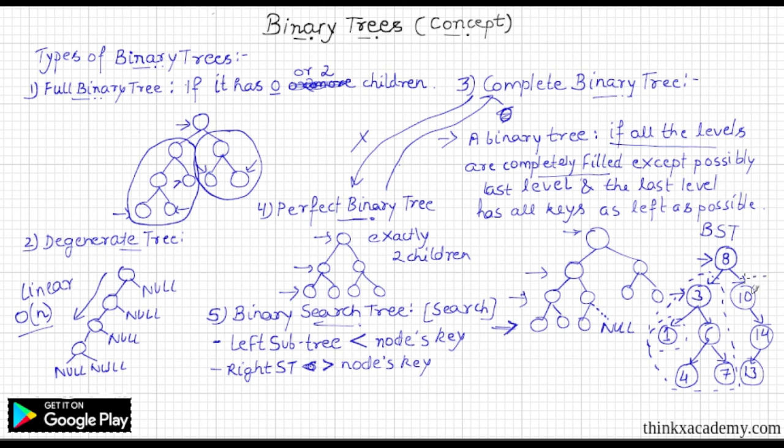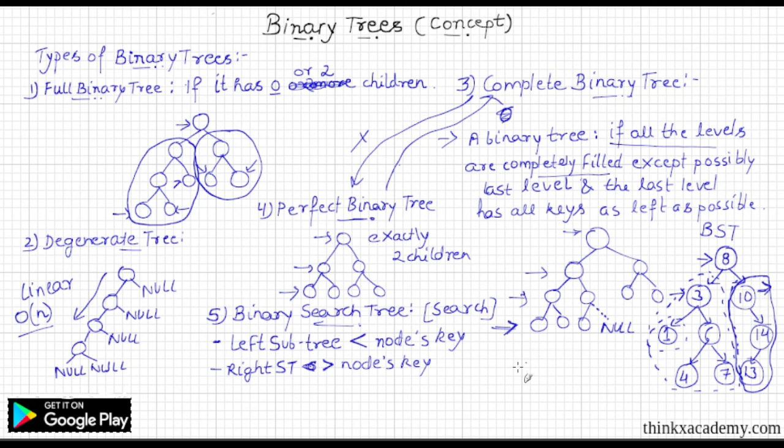You know that this is the right subtree, and you can see that all the elements inside this right subtree are greater than the node's key, which is 8. So 10, 14 and 13 are greater than 8. If you take 10 as an example, you can see that 14 is greater than 10.